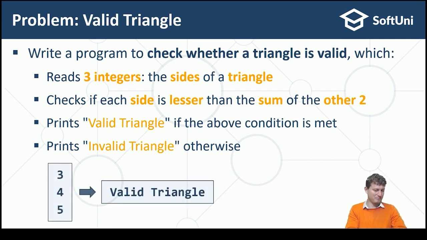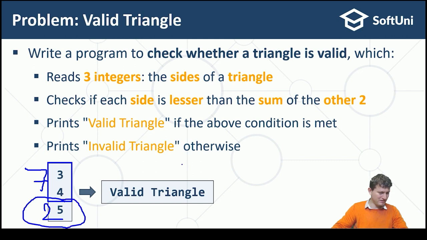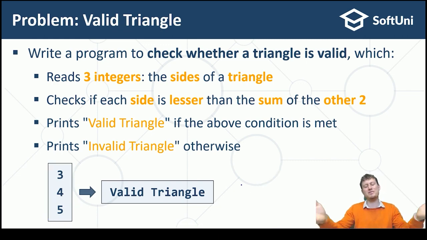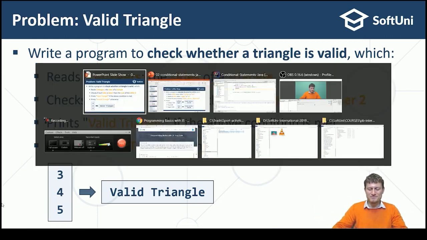So this is an example of valid triangle, 3, 4, 5, and invalid would be something like if we have here 25, for example, because these are 7, but this is 25. So we have 3, 4, and 25. It's obvious that we cannot create a valid triangle using these three sides.